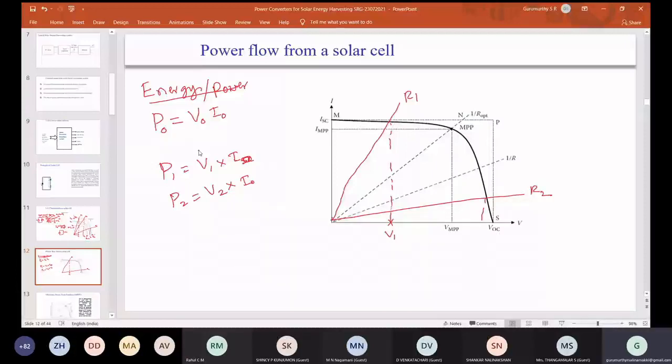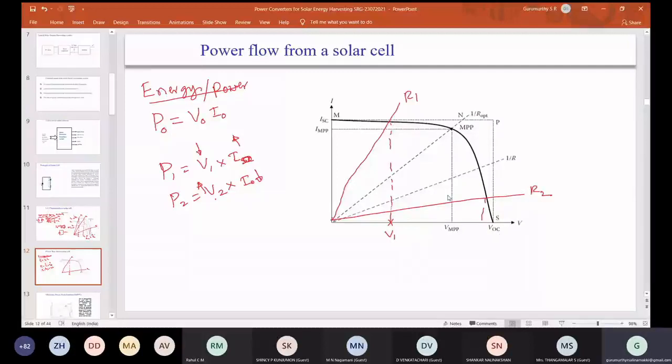In the second case, the voltage is more but the current is less, so the power is less. So even if the resistor is low, the power is less, and if it is high, the power drawn is also less. So between R1 and R2, there is a point where the power is more.